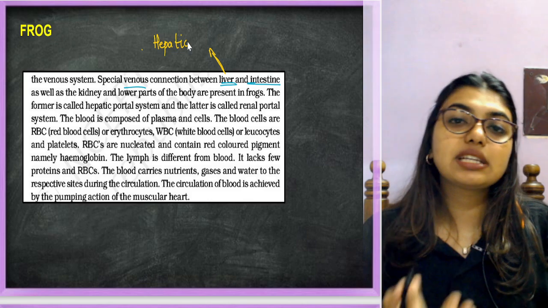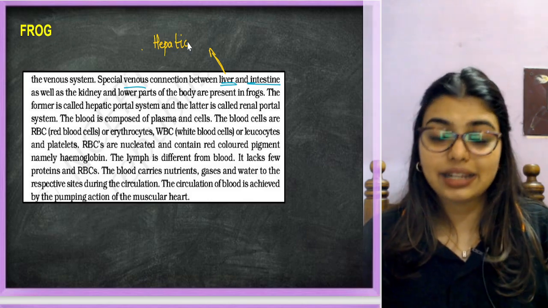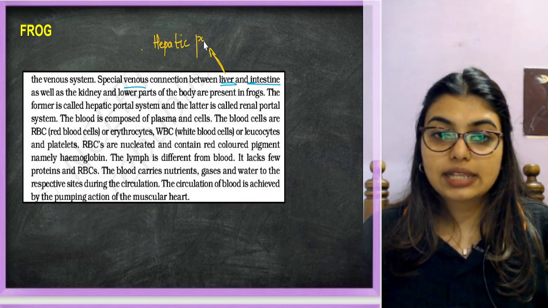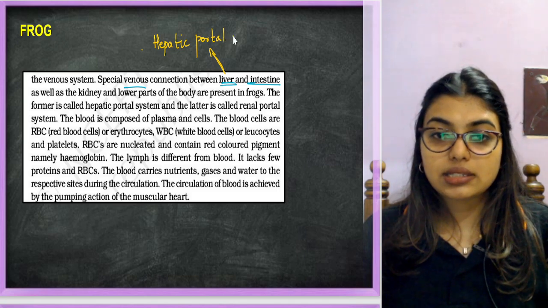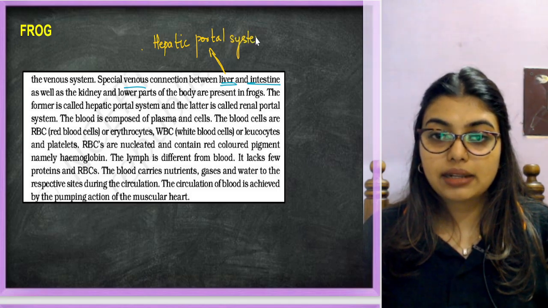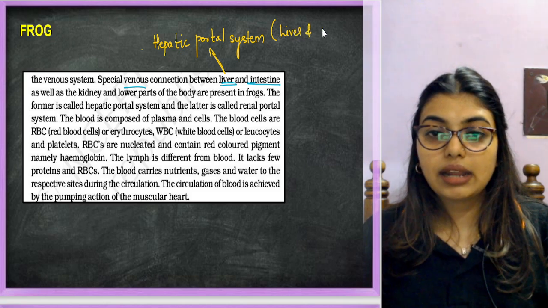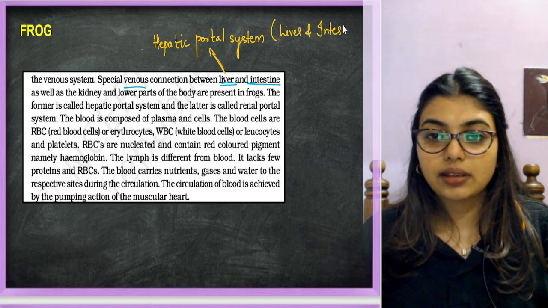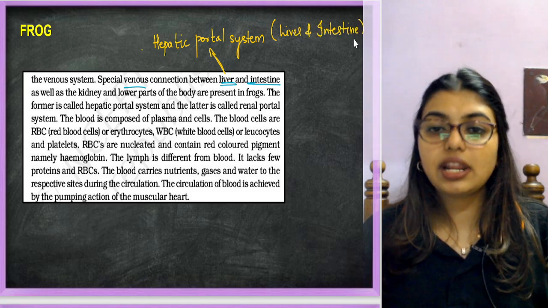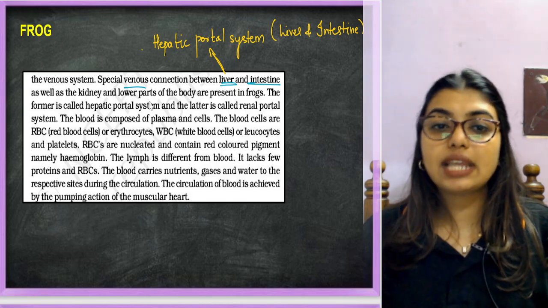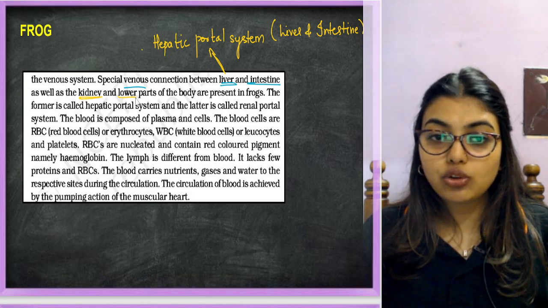When something is connected to kidney, we use the word renal. So here it is called the hepatic portal system. That means it is between the liver and intestine. Got it? The second one is between the kidney and the lower parts of the body.